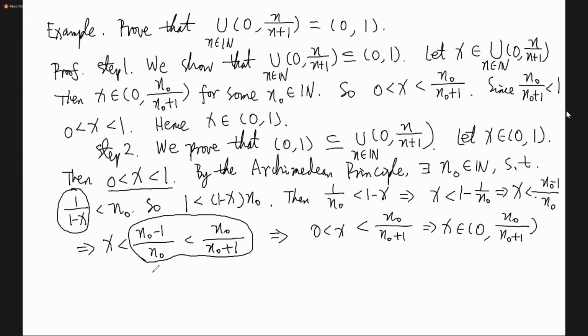Okay, so x belongs to one of these intervals. In particular, this implies x belongs to the union of 0 to n over n plus 1 with n in N. So therefore, these two sets are equal.